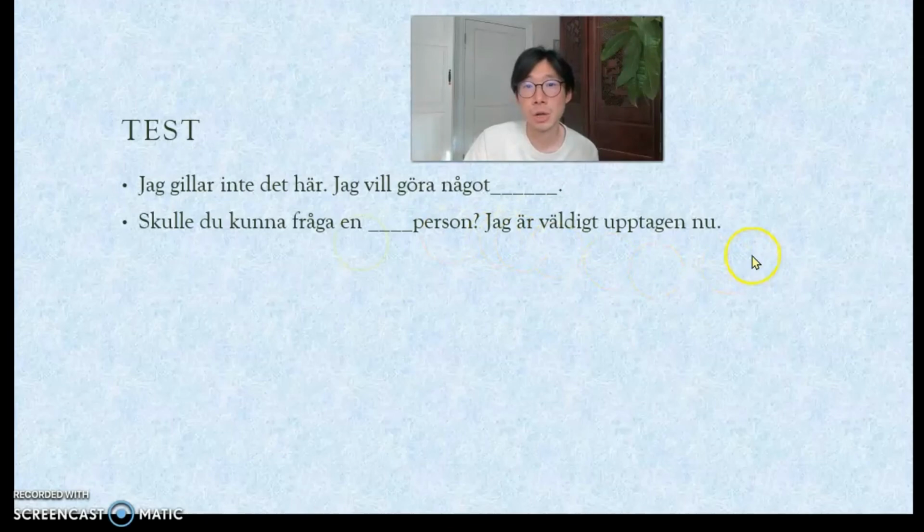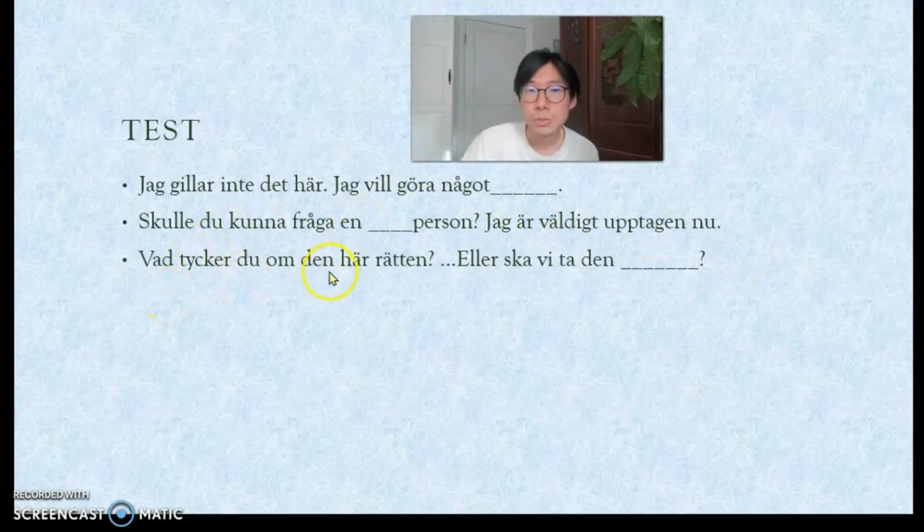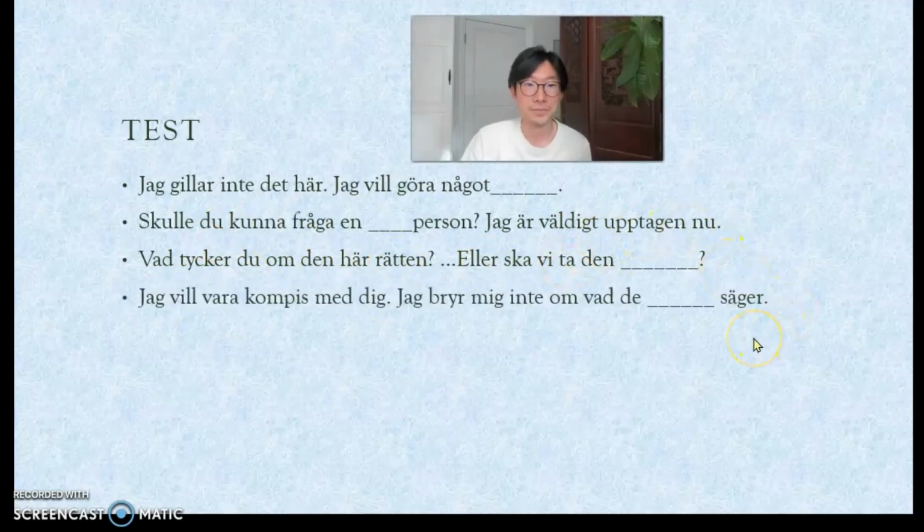Jag är väldigt upptagen nu. Nästa. Vad tycker du om det här rätten? Eller ska vi ta den? Nästa. Jag vill vara kompis med dig. Jag bryr mig inte om vad de säger. Så. Du kan pausa om du vill ha mer tid. You can pause the video if you want to have more time.